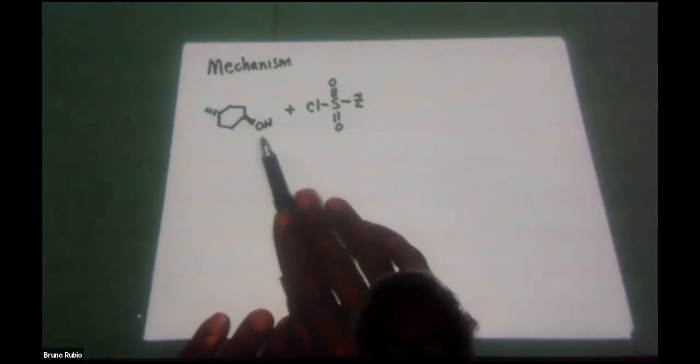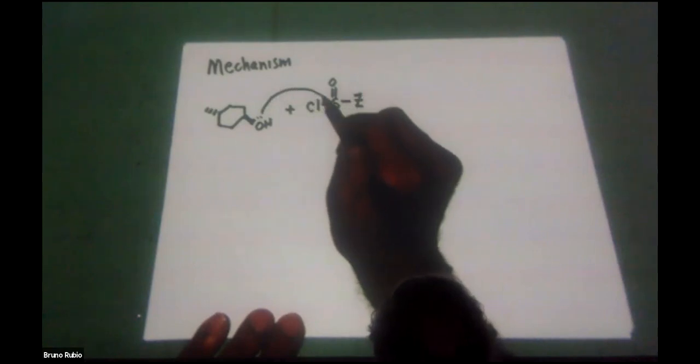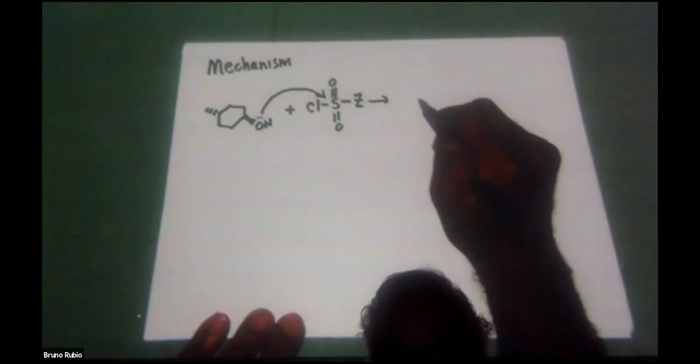And I'm just going to put Z here. I just went through a bunch of stuff that Z can be, so let's just leave it at that for now. And so this oxygen atom, that's the nucleophile. The sulfur atom, that's the electrophile. The sulfur atom is an electrophile because it's bonded to all of that highly electronegative oxygen and chlorine. And so the nucleophile attacks the electrophile.